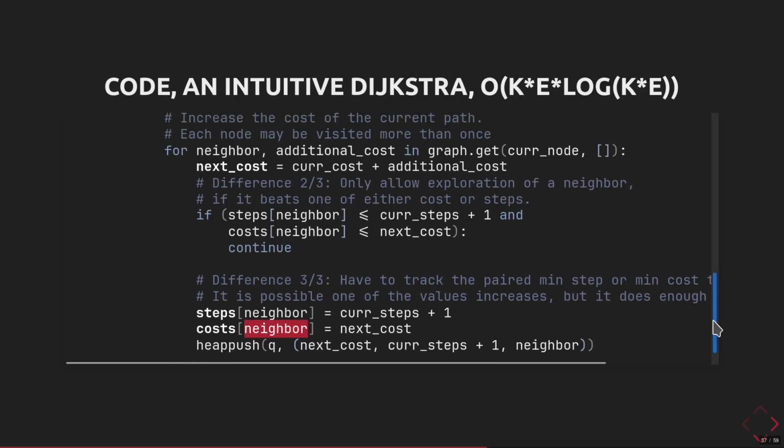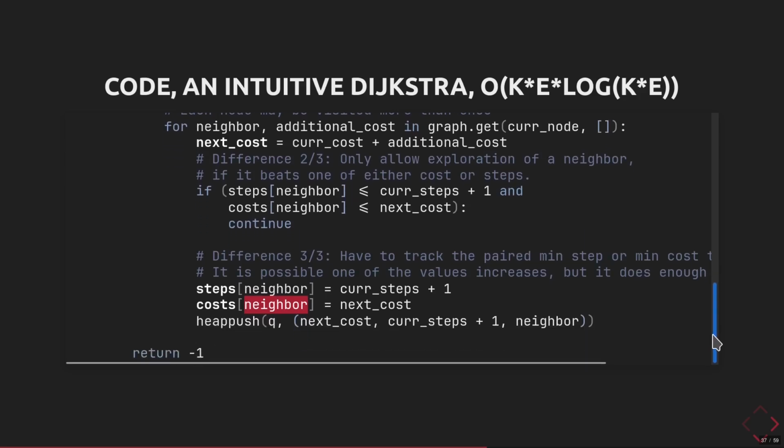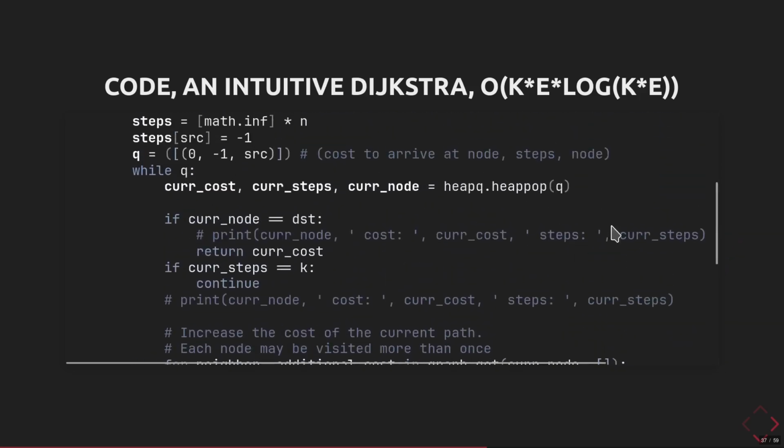In this case, we can't rely on the cost table to give us the single shortest path to all nodes. But when we pop it out, we'll still be able to return the minimum cost to that destination node because of how the heap orders its elements.